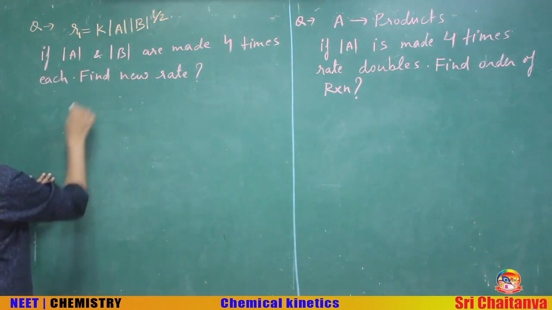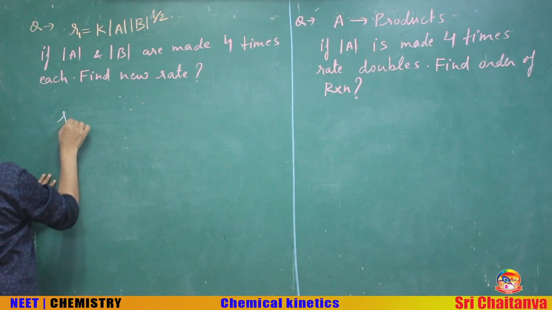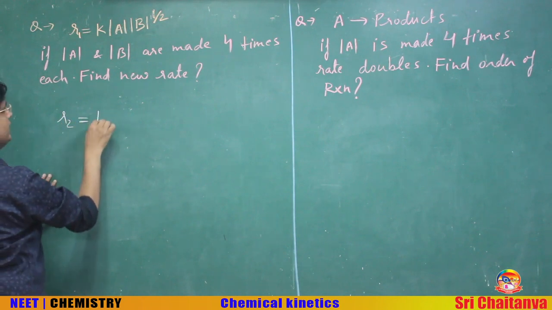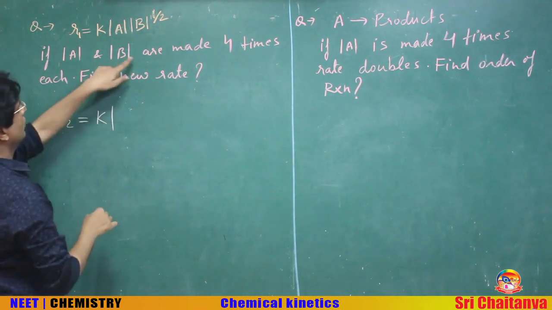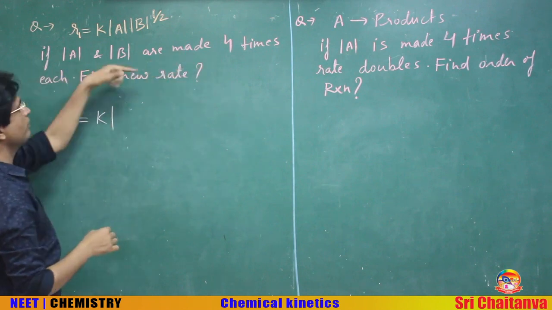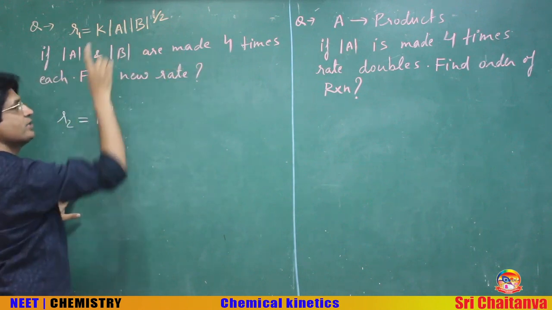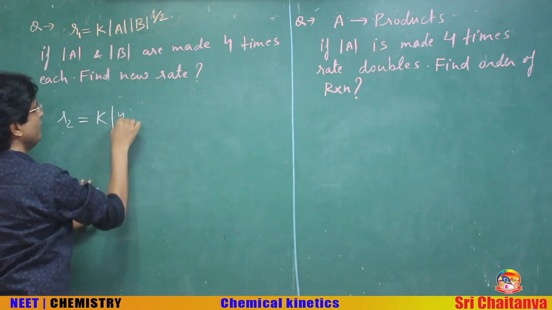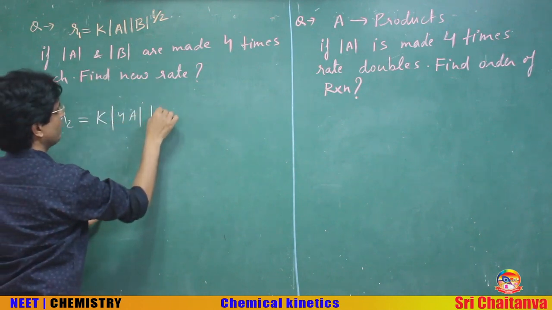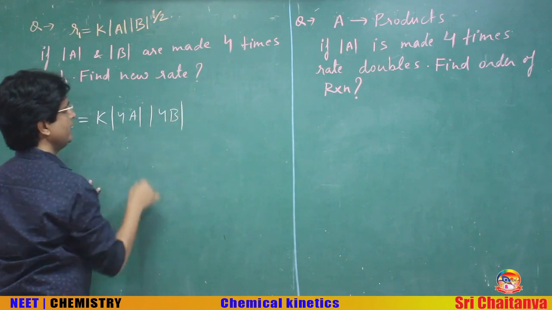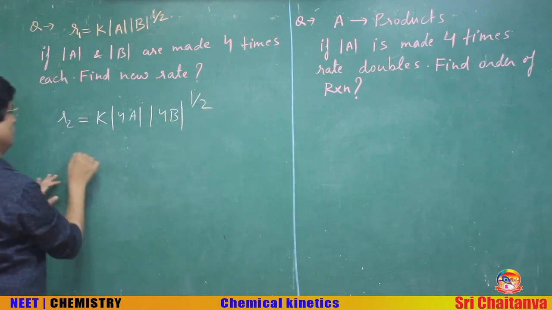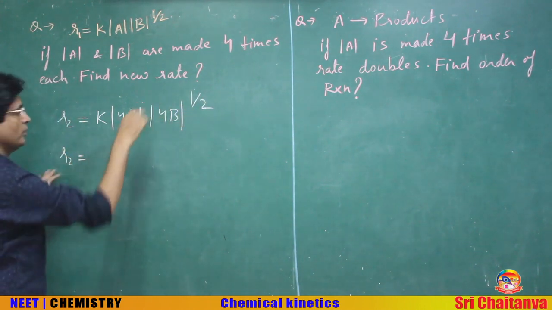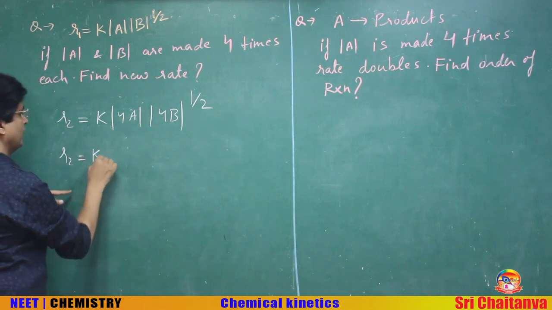Now see, I know the rate law. So R2 will be K into, make the concentration of A and B 4 times. Let the initial concentration of A be A. So new concentration will be 4A and that of B will be 4B to the power of 1 by 2. Now simplify that.